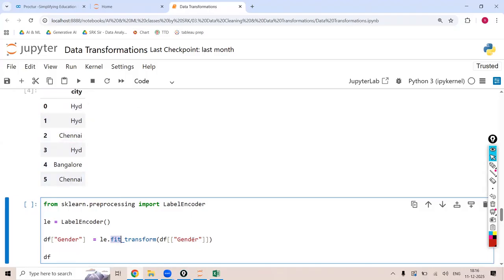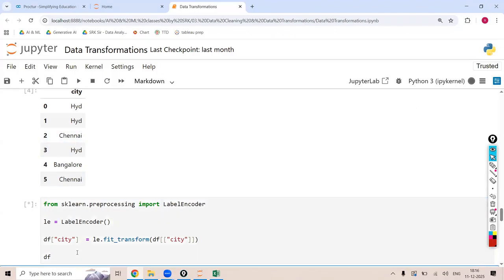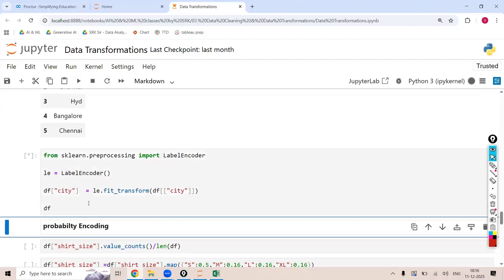For these unique values I apply the label encoder. Bangalore will be considered 0, Hyderabad 2, Chennai 1, in alphabetical order.